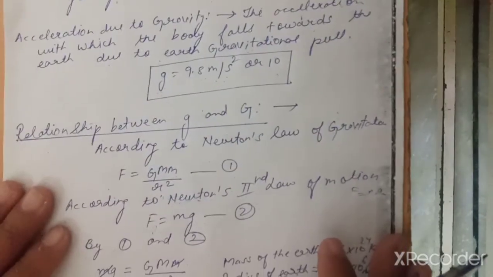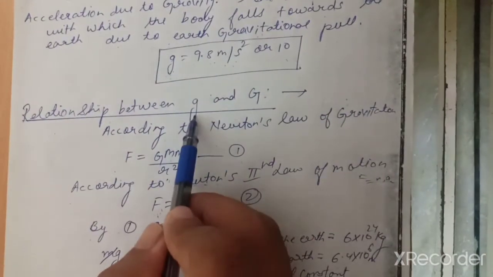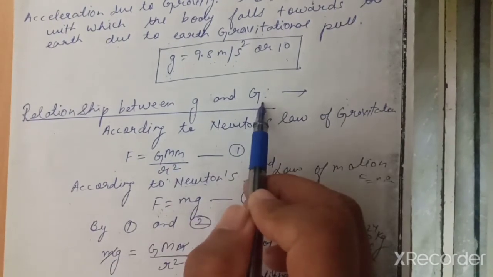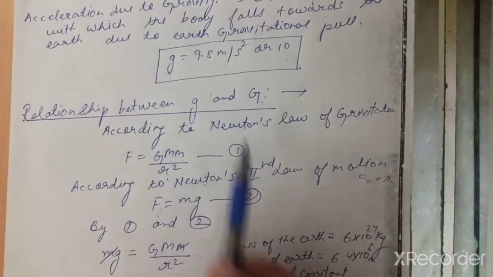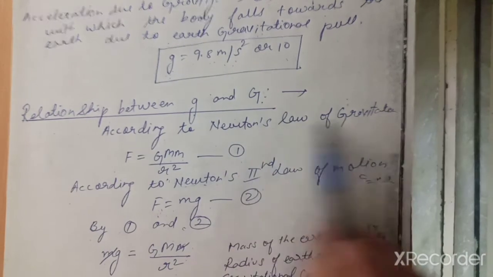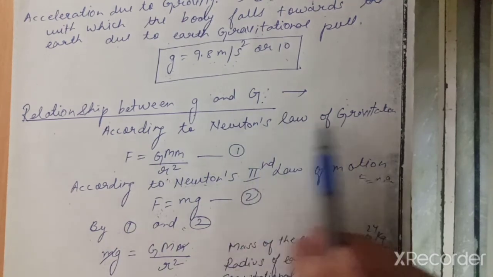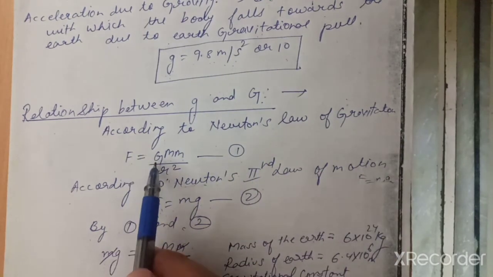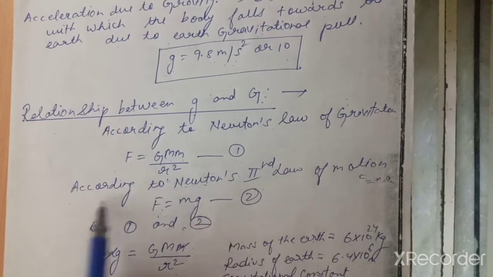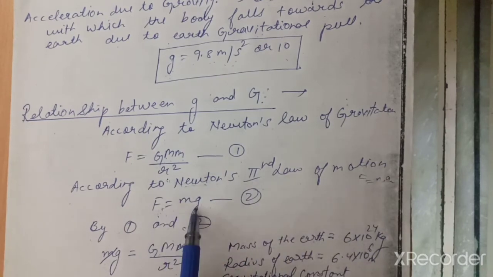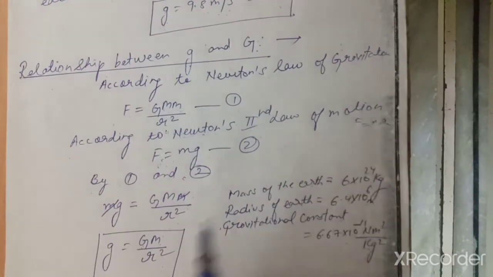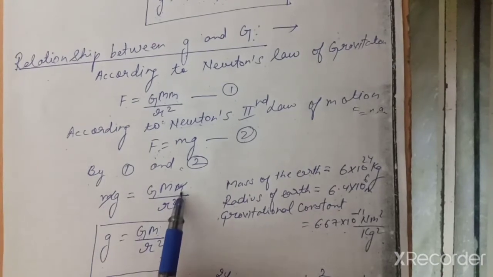Second, to derive the relationship between small g, the gravitational acceleration, and capital G, the universal gravitational constant, we take two equations: Newton's law of gravitation, F equals G M m upon r square, and Newton's second law, F equals mg. On equating, the small m gets cancelled off.